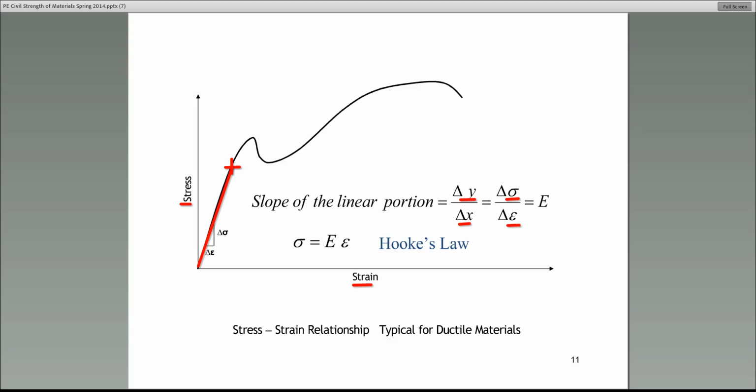Of course, it's delta sigma over delta epsilon, but it's y over x and it's sigma over epsilon. Now, this slope is a very important quantity, and we use the capital letter E to identify it. All right? So E is the slope of the linear portion.